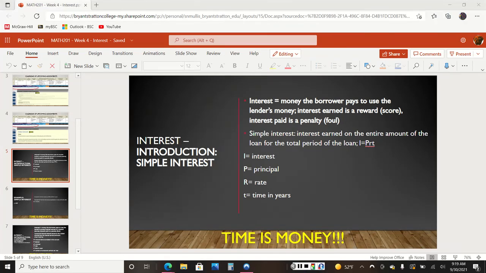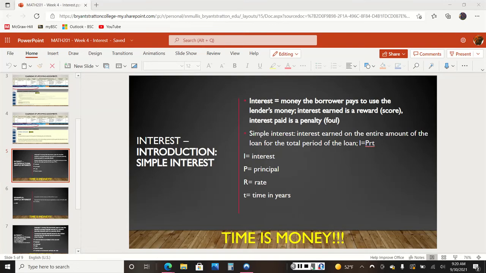Simple interest is based on the entire amount of the loan for the total period of the loan. So the simple interest formula is I equals P times R times T, where I stands for the interest, P stands for the principal, which is the beginning balance, R stands for the rate or the interest rate, and T stands for time.